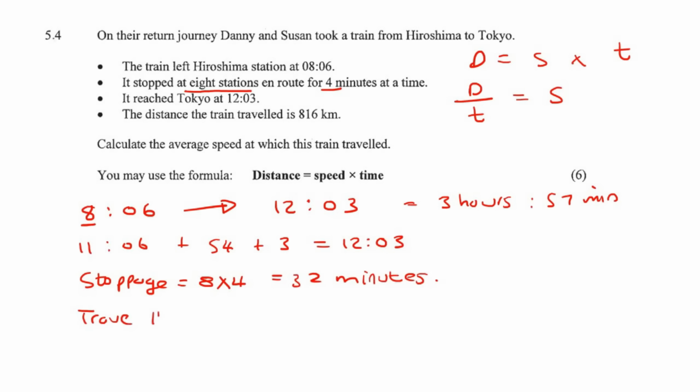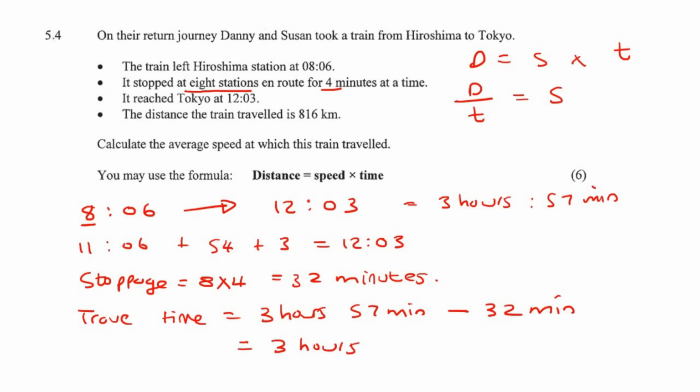The travel time would then be 3 hours and 57 minutes. Take away 32 minutes, and that's going to give us 3 hours and 25 minutes.